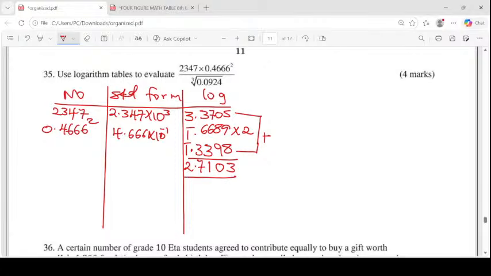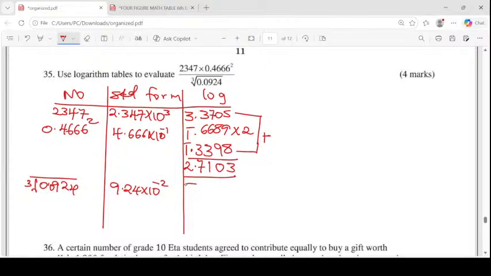Then you go to the denominator. We have the cube root of 0.0924. In standard form, this is 9.24 times 10 power negative 2.